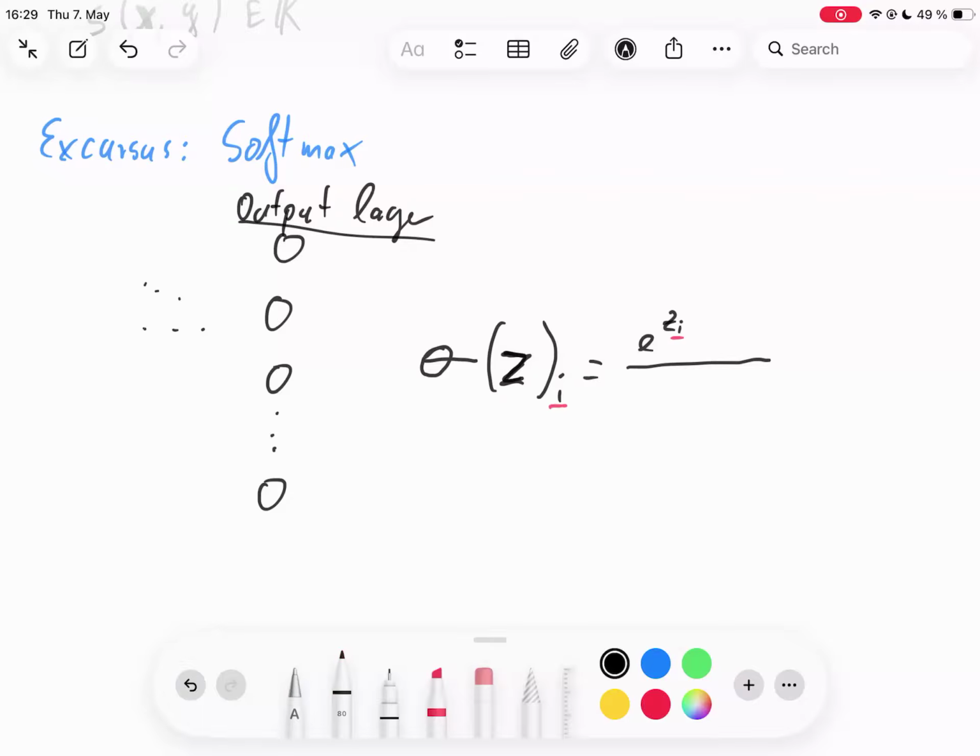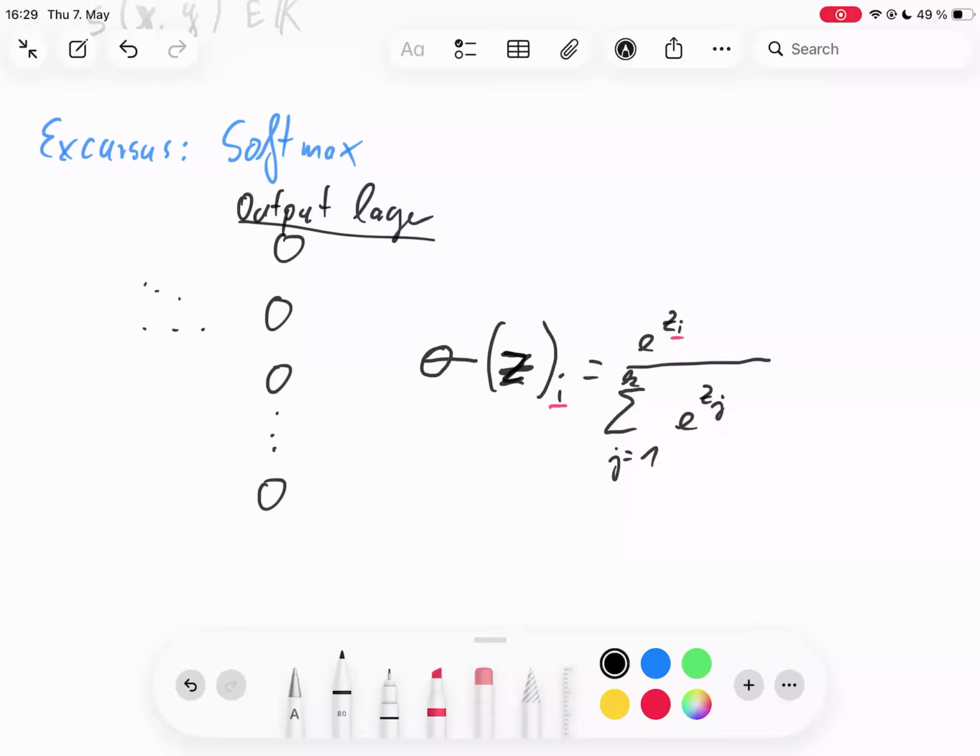And I would divide this by a sum where I have an index j from 1 to k. So I have k many entries in my vector z. And I would take that value zj and raise e to that power, and I add up all these e's and divide by that.